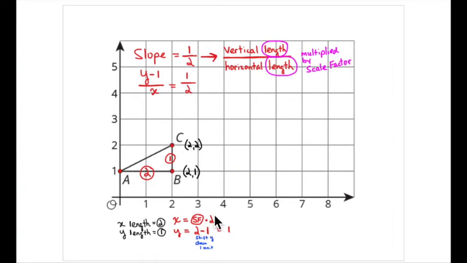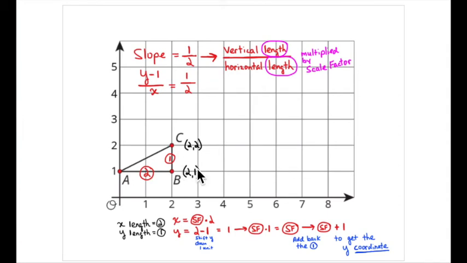Whatever the scale factor is, you're always going to multiply it by this 2, because this is the horizontal distance. And the vertical distance, which is y, is 2 minus 1, which is equal to 1. So the vertical distance is just multiplying the scale factor times this 1. Well, that's equal to the scale factor. So whatever the scale factor is, that is going to be the vertical distance, because you're multiplying that by 1.